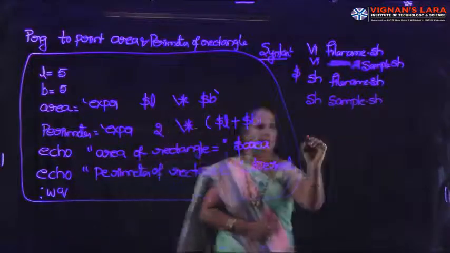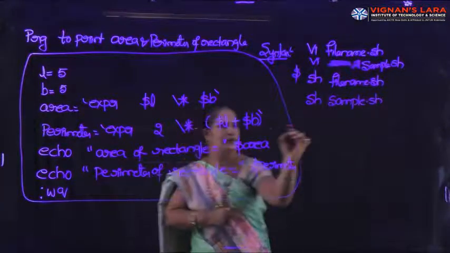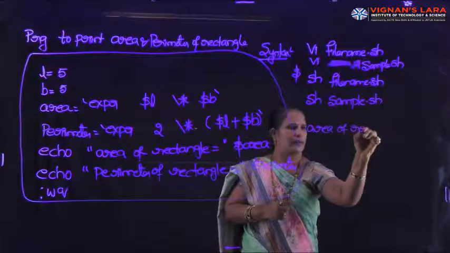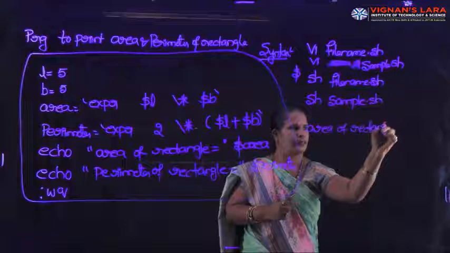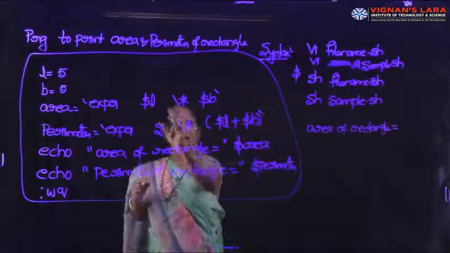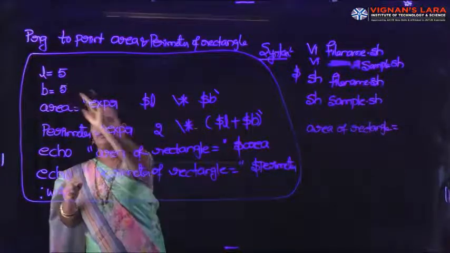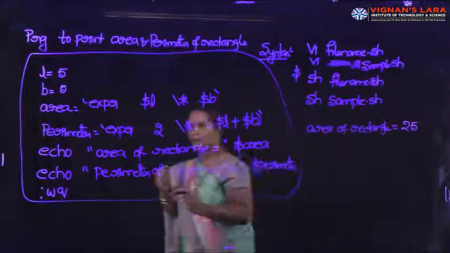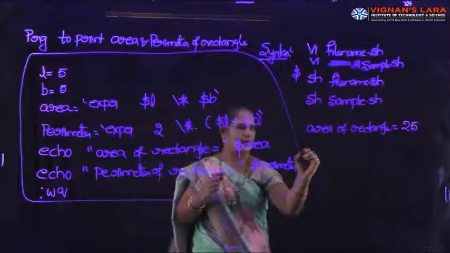After the echo statement, it will display area of rectangle is equal to, here length into breadth, 5 into 5, 25 will be displayed. Similarly for perimeter of rectangle.